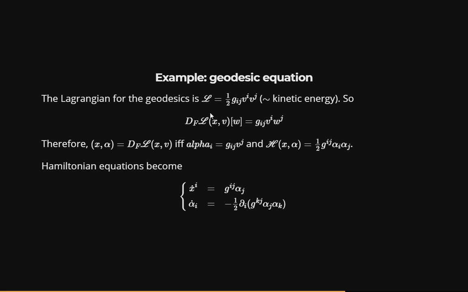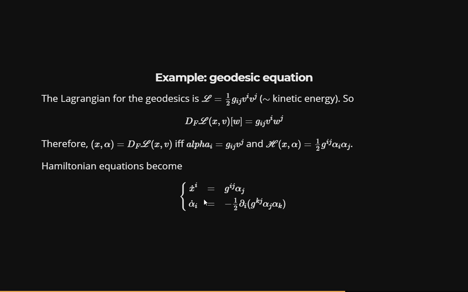It is the same computation we did before on this other thing, and so you get g^ij alpha_j. But if you think about it, g^ij alpha_j is v^i, because here you're raising an index on alpha_j, so you get v^i back. And so you are just writing that the time derivative of your position is the velocity, which makes sense.